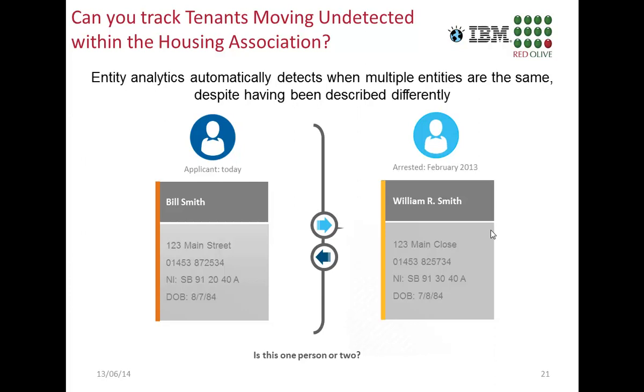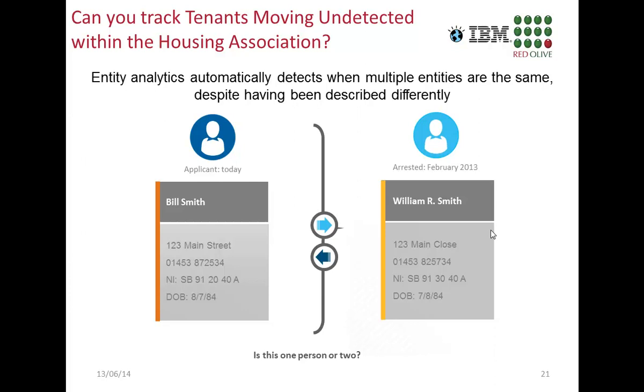Really, this came about due to having a meeting with a housing association, and this problem was a big one with them, to be honest. What they couldn't do is detect multiple entities that were moving around the housing association after they'd fallen into arrears, and then moving into another property of theirs, and just creating them more and more money that they were losing.